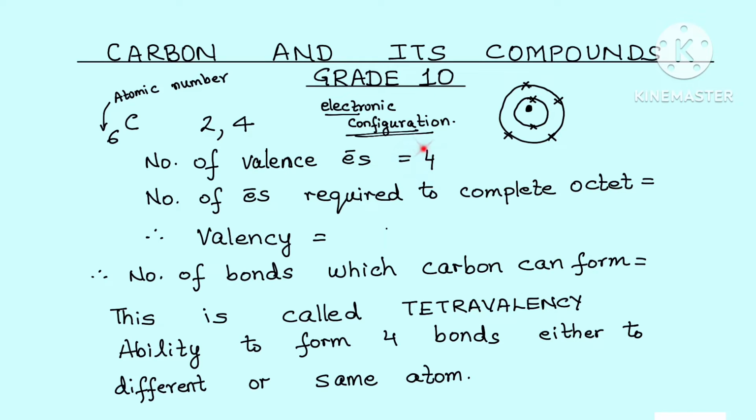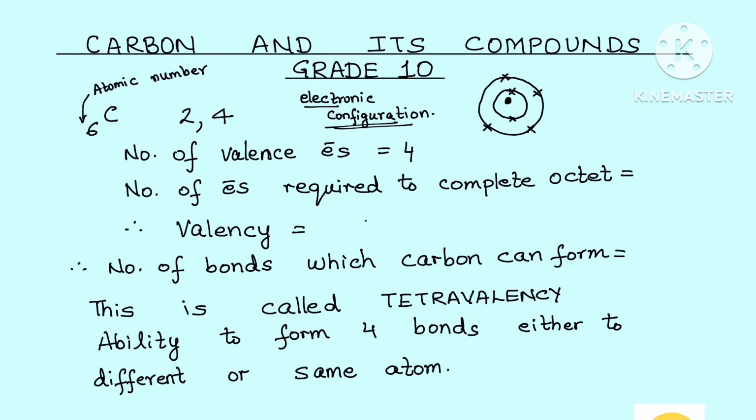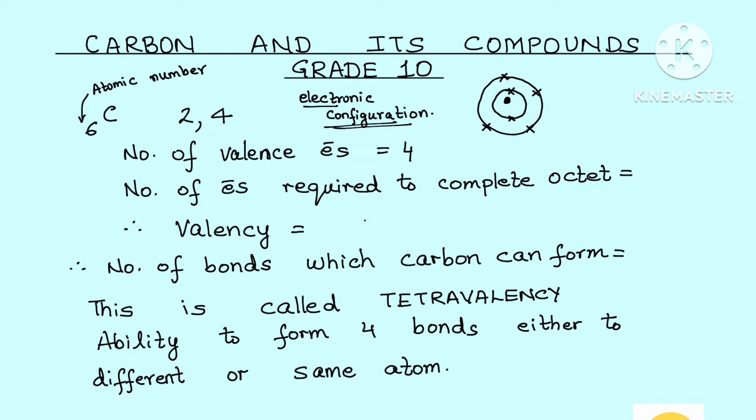Now, how many more electrons does carbon need in order to complete the octet? Correct, it's 4. The number of electrons an atom needs in order to complete its octet is known as its valency. How is it going to fulfill that? We will see a little later. So the valency of carbon is 4.